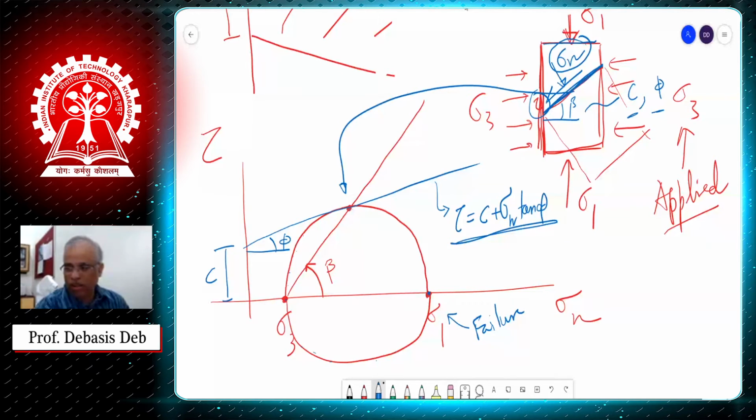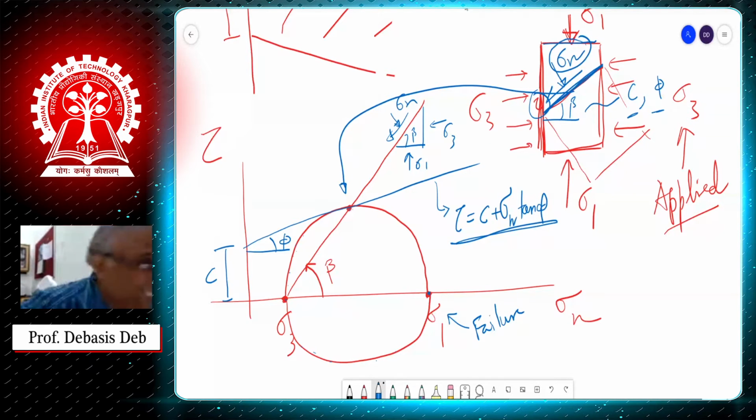So now I can draw very well. Here this is my sigma 1 and this is sigma 3 and this is then angle beta. Now tau is here, sigma n is here. This thing I can show like this. Basically, this is just for the representation to understand.